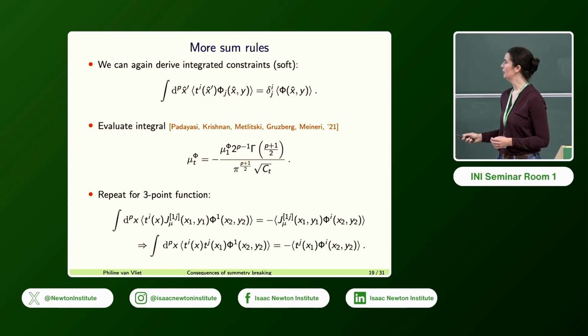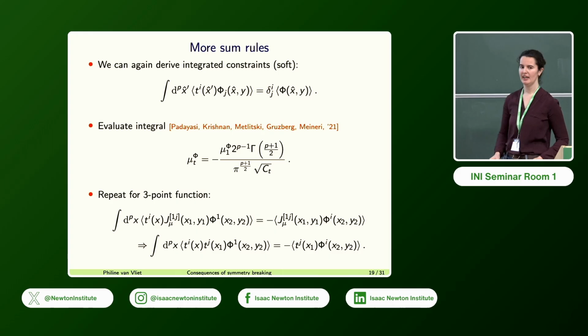Now we can do the same thing for the 3-point function. We insert one additional current, J, and another scalar field, phi, and we can relate it to this 2-point function here. And then we only push J to the boundary now.